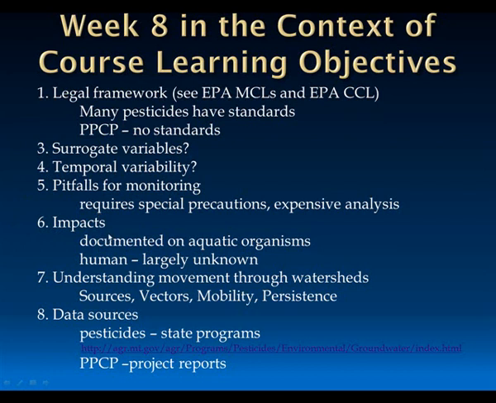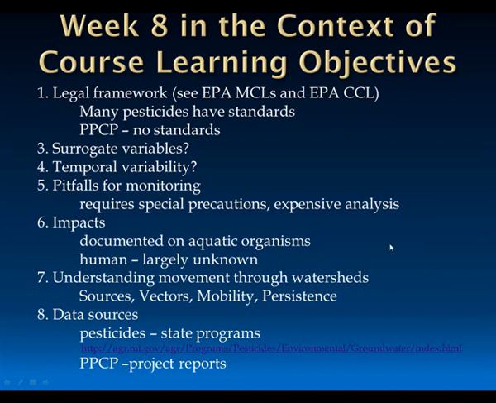Impacts: we talked about documented impacts on aquatic organisms, and for some of these compounds, the disinfection byproducts, the human health effects are known, and so the standards are set. But for a lot of the new compounds, the effects are largely unknown, and so setting standards for those is going to be challenging.